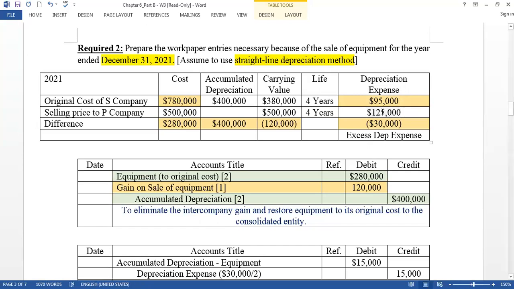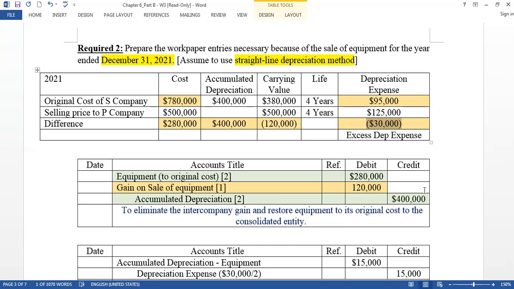So look, parent's company record $125,000, but subsidiary record $95,000. Therefore, we have $30,000 additional depreciation expense for this year. Which year? 2021. In 2021, we record depreciation twice, right? One by parent company, another by subsidiary company. And we find that the difference is $30,000 more. But actually it should be $95,000. So $35,000 more calculation.